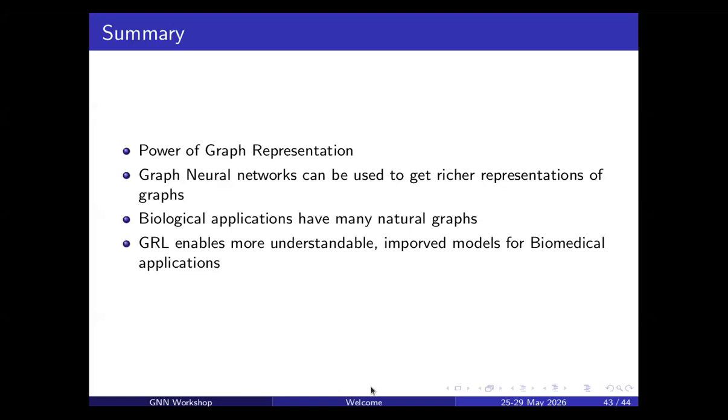There is a question in the chat box: for those who want to pursue graph representation learning research, what concepts should they master first, and what skills would you recommend they develop throughout college?